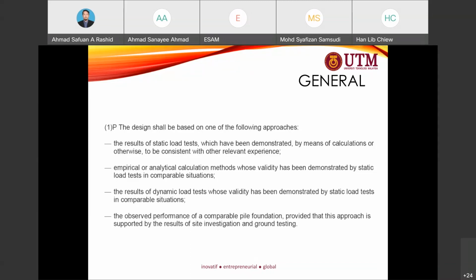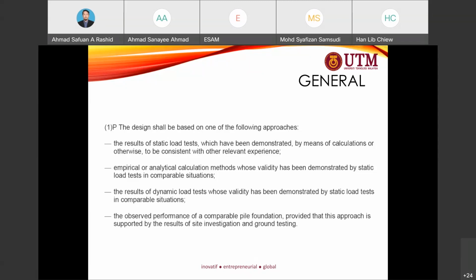Empirical or analytical calculation methods whose validity has been demonstrated by static load tests in comparable situations. So in some situations, where we have the maintained load test and also do a calculation using the empirical method or formula, it could also be applied.